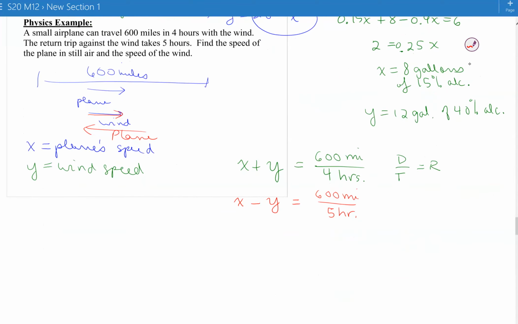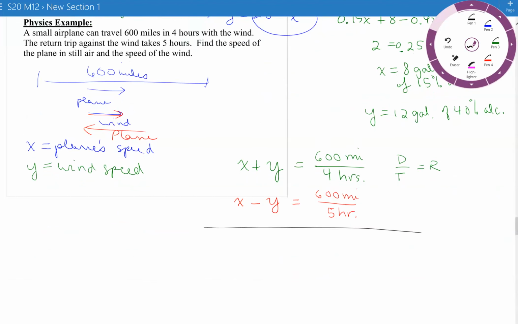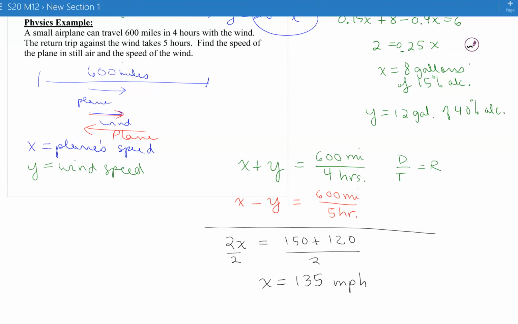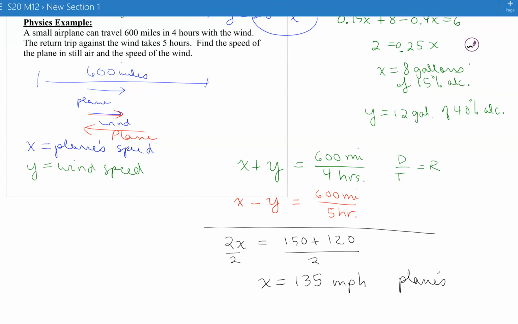Well, this is a really nice system of equations because I can just add the two equations here and the y is already going to cancel. So I'll get 2x is the 600 divided by 4, or 150, plus the 600 divided by 5, 120, and then divide both sides by 2, and get x is 135 miles per hour, and that's the plane's speed.